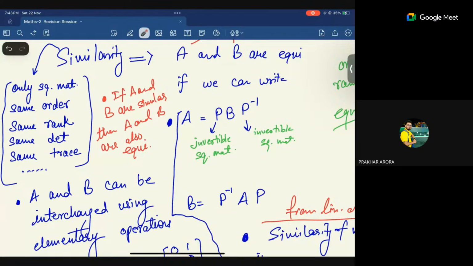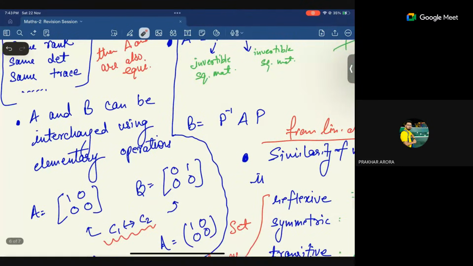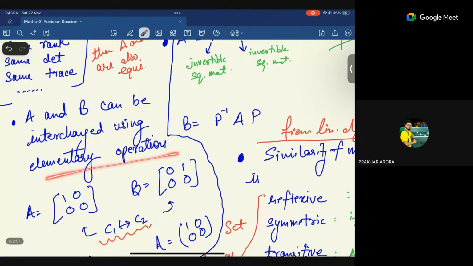Because for equivalence, what do we need? For equivalence, we only need this thing. And this is also true for similarity, that is why they are equivalent. If they are equivalent, then A and B can be interchanged using elementary operations. So this thing is true for similarity and equivalence also.